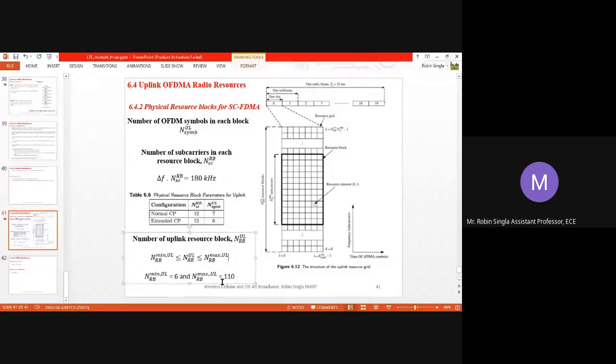And this is also between 6 to 110. And the resource block in frequency will be the same. It is 12 when delta F is 15 kHz, and the number of symbols is the same, 7 and 6. There is no difference between downlink and uplink, only the representation will change.